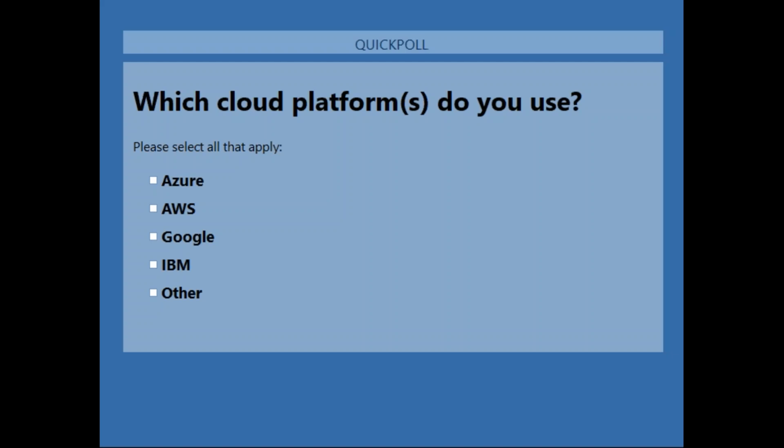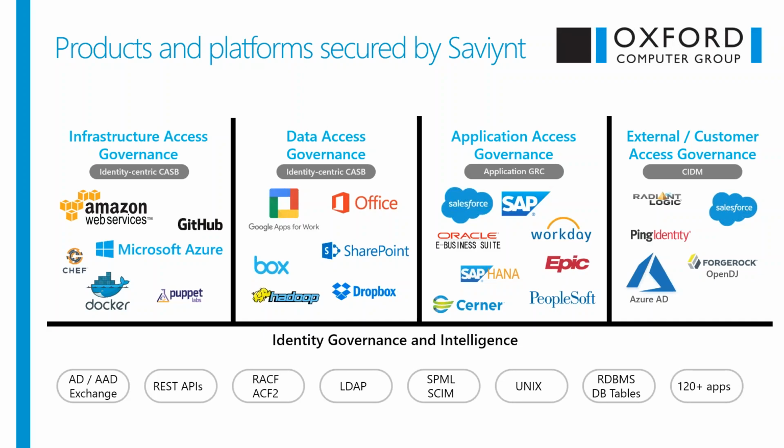And so in having done that and received that data, you have to have something that can connect into those different services, and that's where we find Saviynt. And we're specifically talking about infrastructure access governance. This is one of those things that we may not have traditionally brought into the identity space.